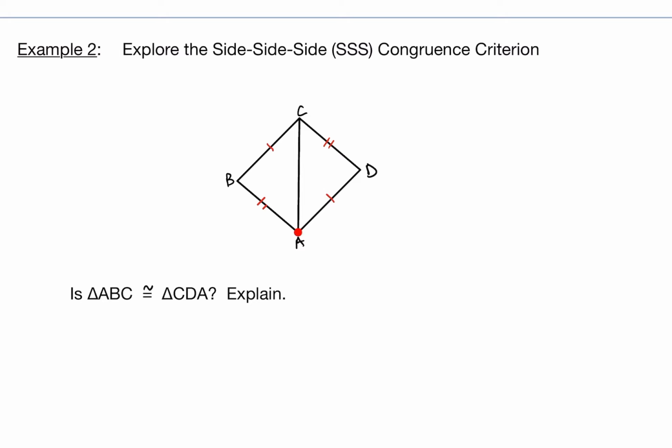We also know that side AB is also congruent to CD because this is double hash mark. And both of those triangles share the same side. So the answer here is yes, they are congruent because of side congruency.